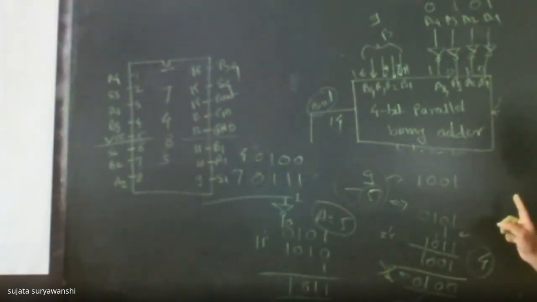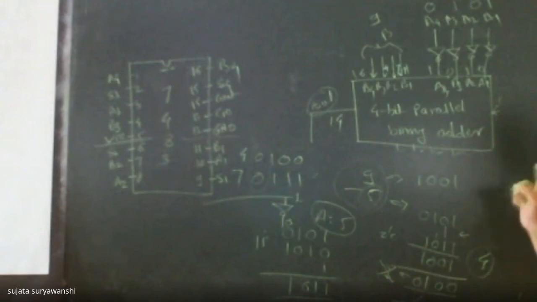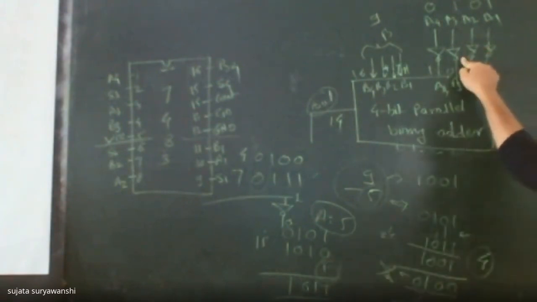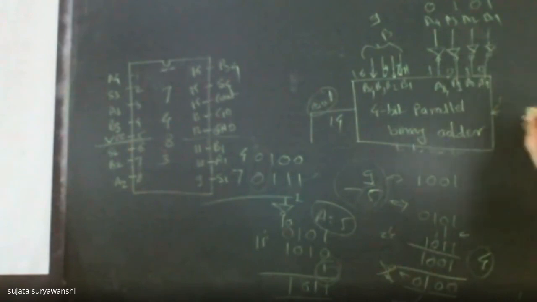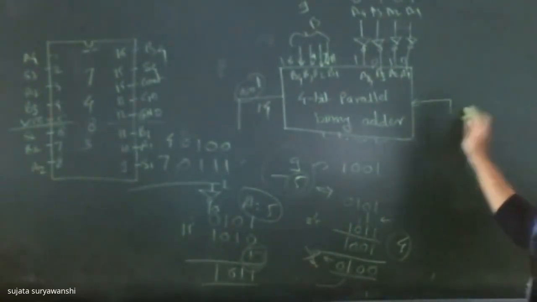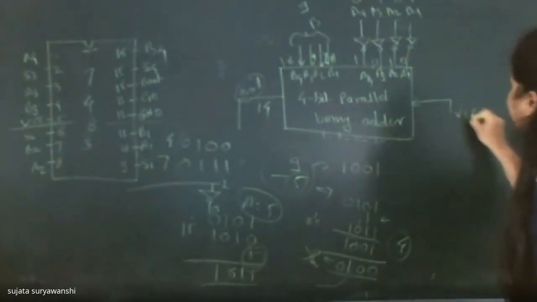Everyone understood this concept? After that, you need to add 1 into this 1's complement to get 2's complement. So, instead of connecting this C in to ground, you can simply connect it to VCC.